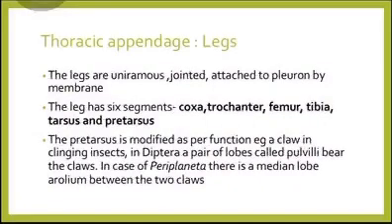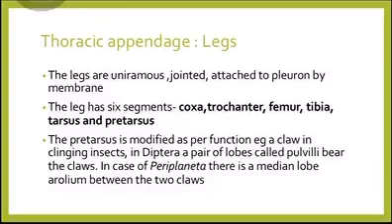Now coming to the first type of appendage, the thoracic appendages, that are legs. The legs are uniramous. Uniramous means they are unbranched, truly segmented, jointed. That means each segment has a complete unit of musculature, nerves, and blood vessels, etc. And they are attached to the pleuron by a membrane towards the ventral side.